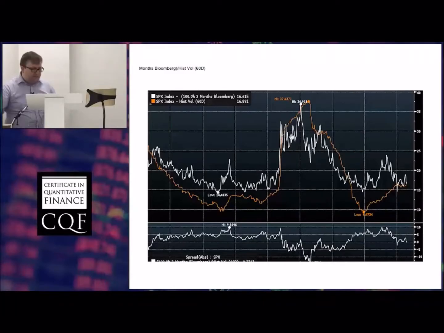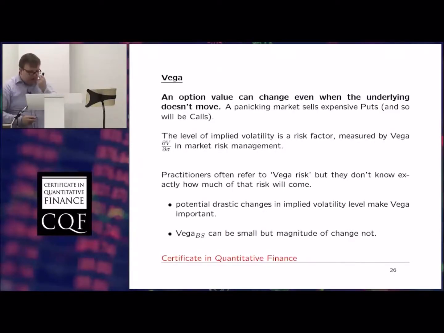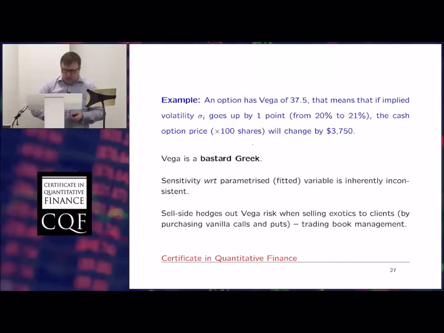But then if you see the historical catch up very quickly, then you know that your implied vol is not going to be pushed up to it, because it simply will be too expensive. So the Vega can be small, but the change that can come is a lot. Vega is a Greek, it has a formula, it's computable.